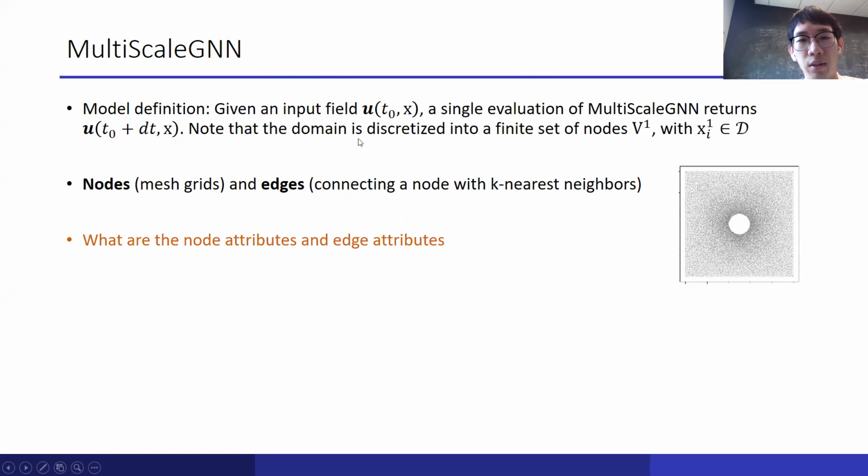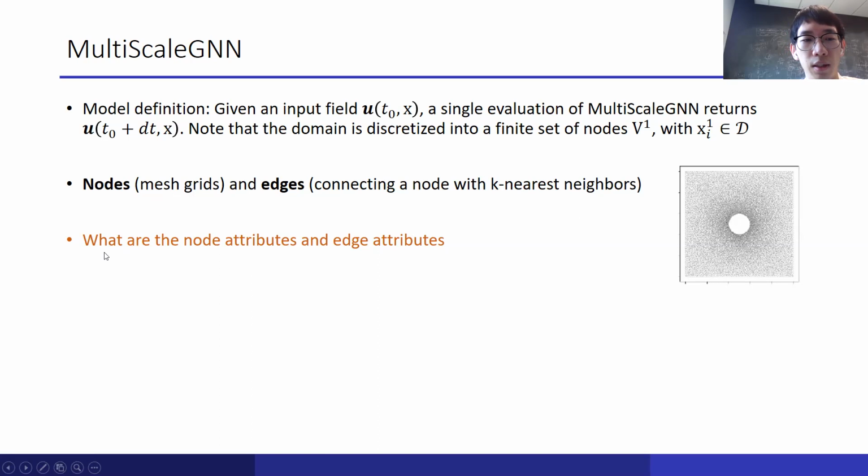The domain is discretized into a finite set of nodes, V, and the position of each node is defined by X. In addition to the nodes, which are the mesh grids used for the CFD solvers, we should also create the edges. In this paper, the edges are created by connecting a node with its K nearest neighbors. And K is also a parameter determined by the users.